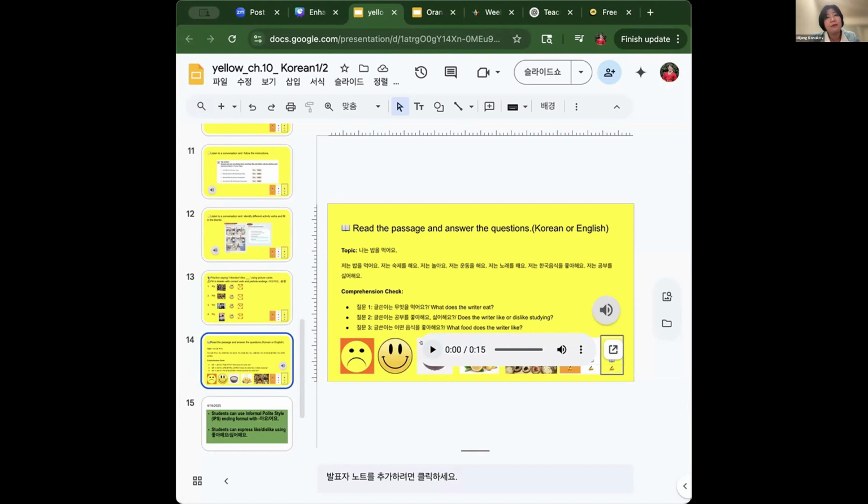Reading and writing are slower than listening and speaking, so I gave additional help to this novice low level. Even though it's a reading section, I put in the audio files so they get a better understanding.